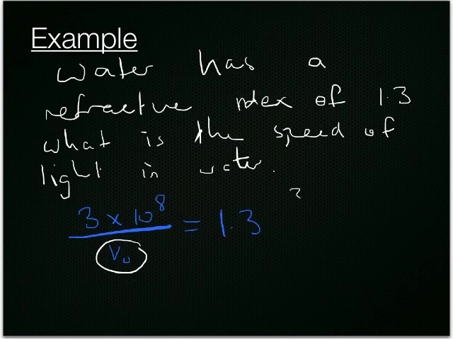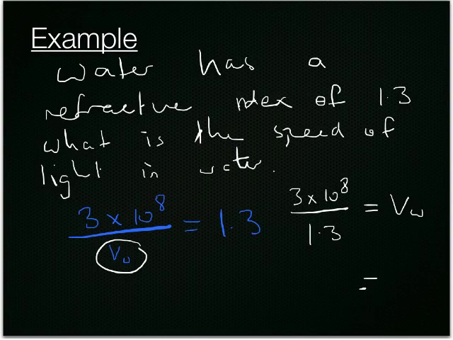So it's going to be 3 times 10 to the 8 divided by 1.3 equals the speed in water. So what is that equal to then? It gives you 2.3 times 10 to the 8 meters per second.